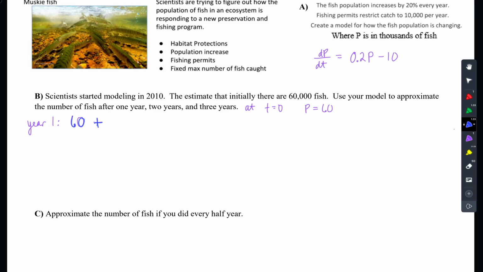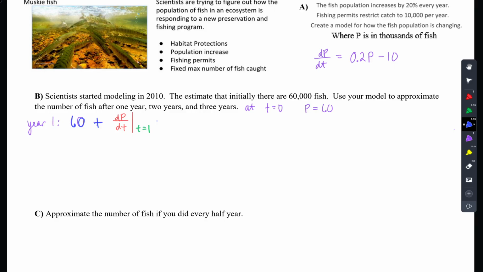So you're going to take your 60 and then add in the amount of fish that's happening in the year. So what you're going to do is take dP/dt evaluated at t equals 1. So 1 year has passed.